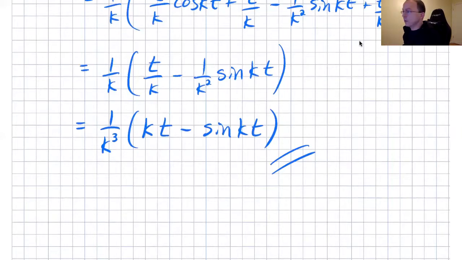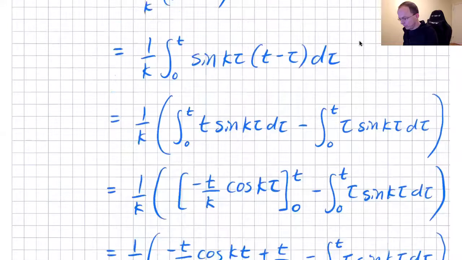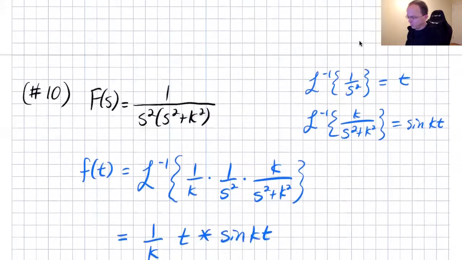All right, and let's see, what did we start with? So it was this one: 1 over s squared times s squared plus k squared.